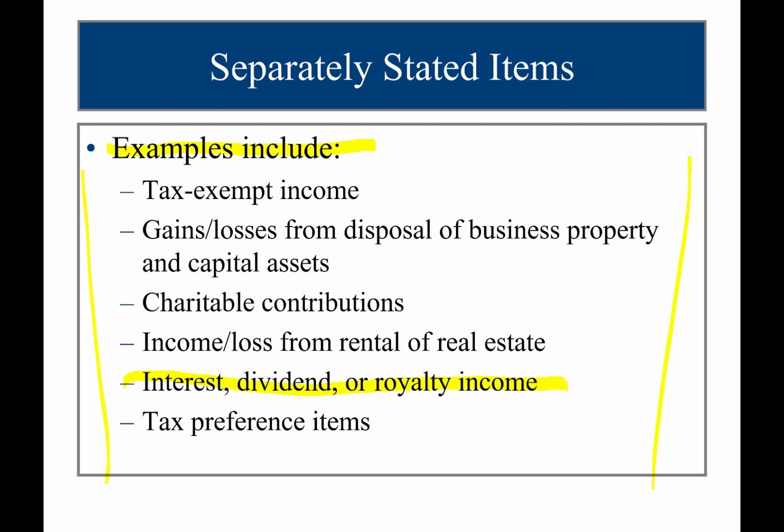Those will be pushed down to the shareholders on their Schedule Ks, as well as any proportionate share of the corporation's ordinary income based on average days. You'll see how those calculations work in a second.